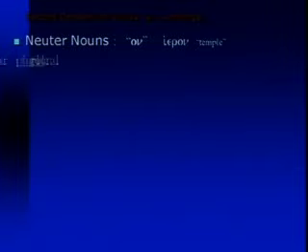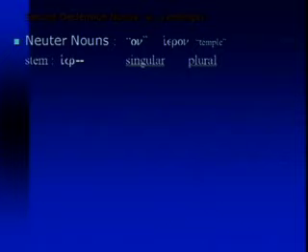But declining it is, for the most part, the same. Notice you have to start with its stem, knock off that nominative singular ending, the on, and you come to the hier stem. And it's on that stem that we will begin to build its endings.